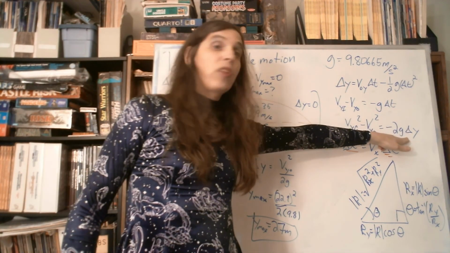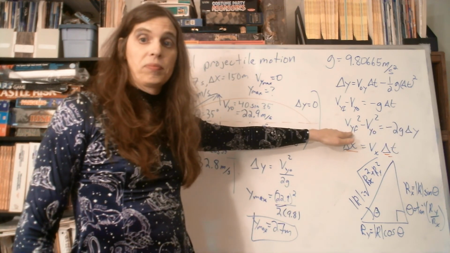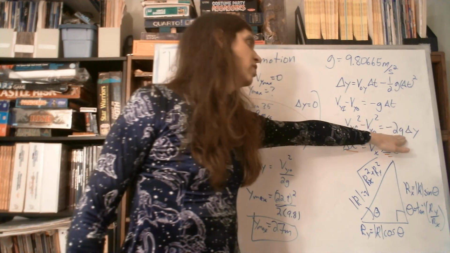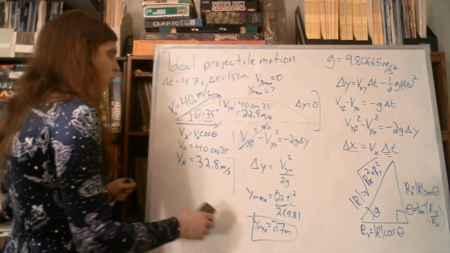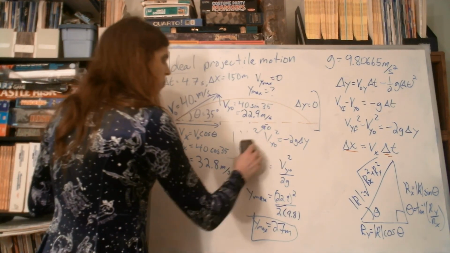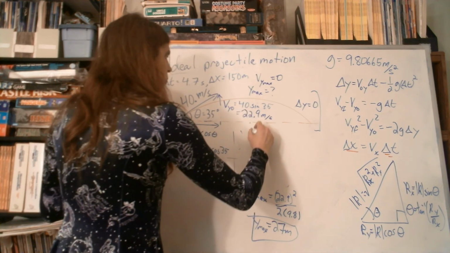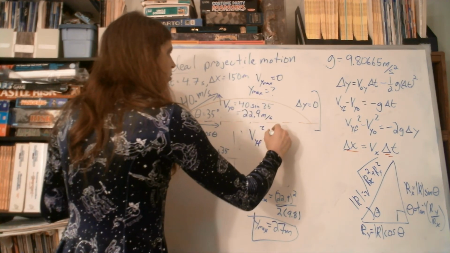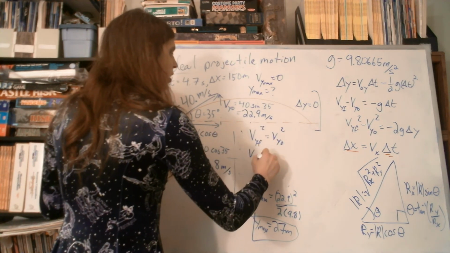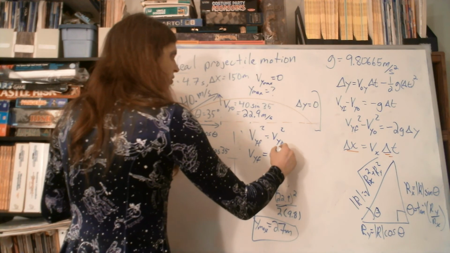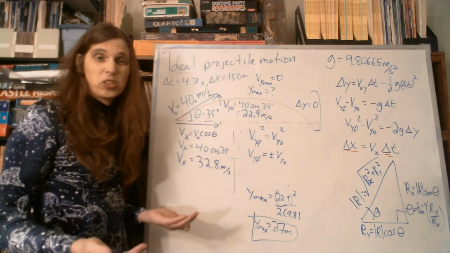For the overall flight, when delta y was 0, that makes this whole side turn to 0, and we'd be left in that case with Vy final squared equals Vy original squared. And so Vy final equals plus or minus Vy original. Well, it's going down, so you know it's minus.